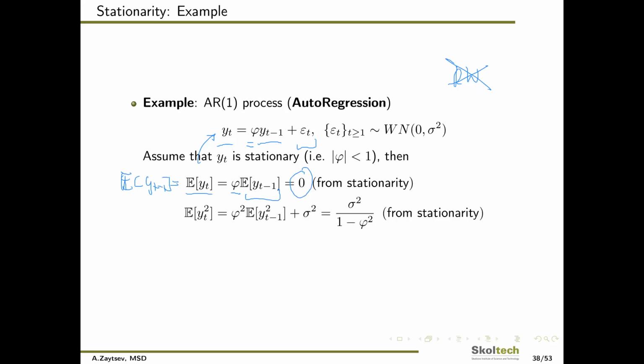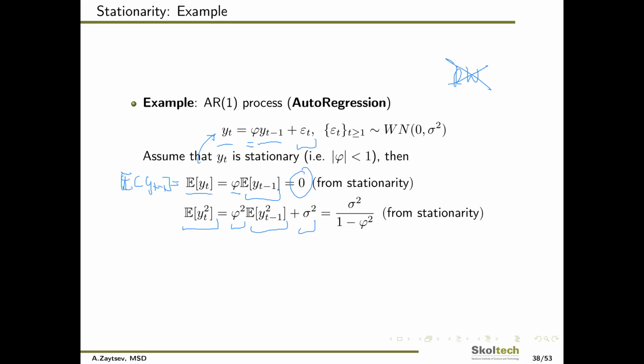And regarding the second moment, again from the independence assumption, we write down the expectation of y_t squared. It equals phi squared times the expectation of y_{t-1} squared plus the variance of the noise. And again, we should fulfill this stationarity requirement.